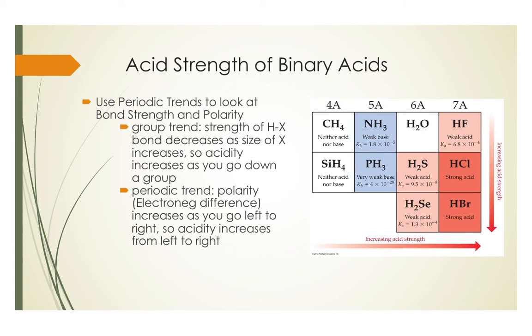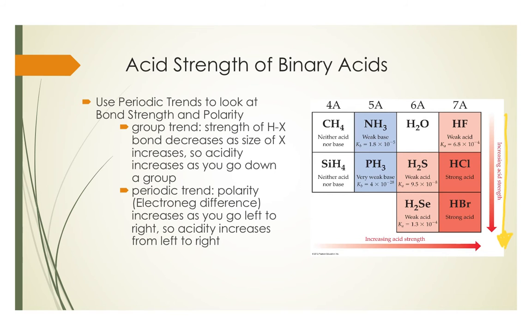All right, so when we analyze the strength of a binary acid, two substances together, we're going to use periodic trends to look at the bond strength and polarity. If we go down a group, the strength of the HX bond decreases as the size of X increases.